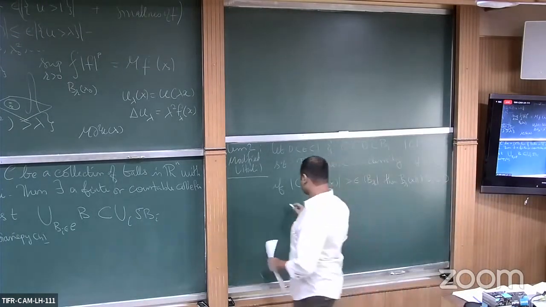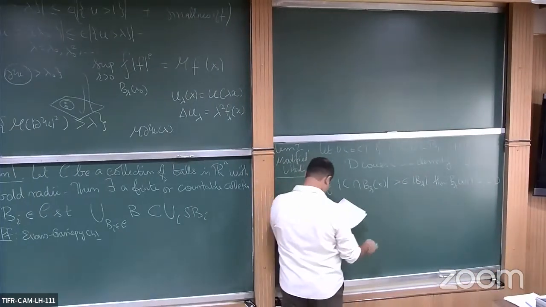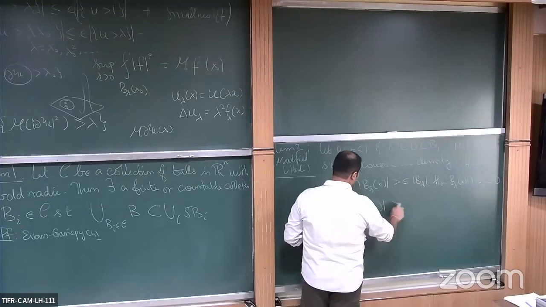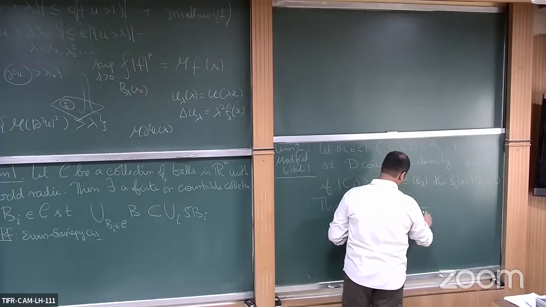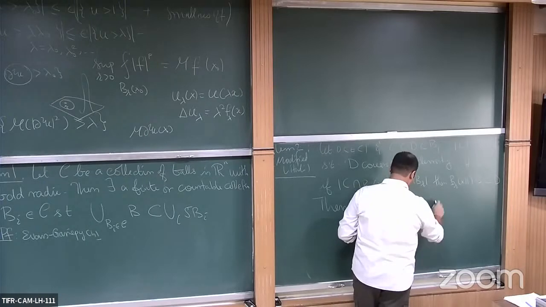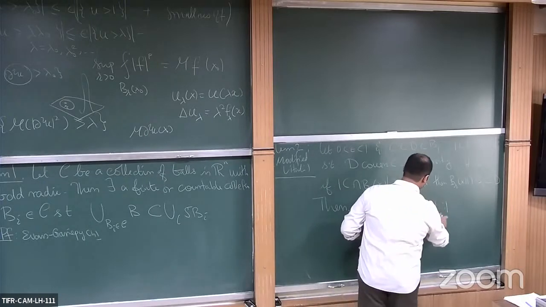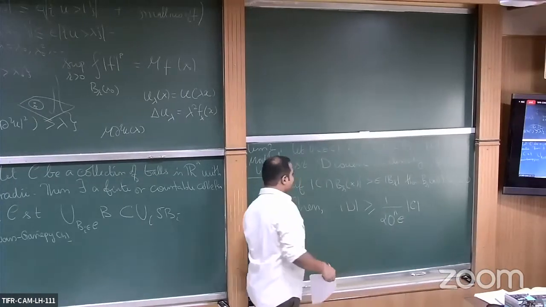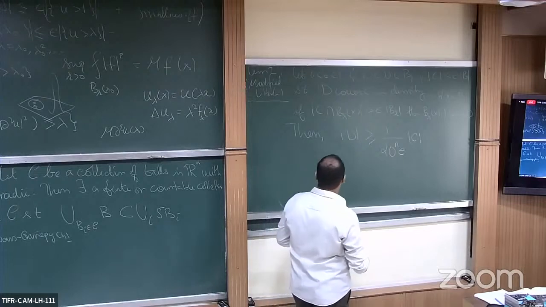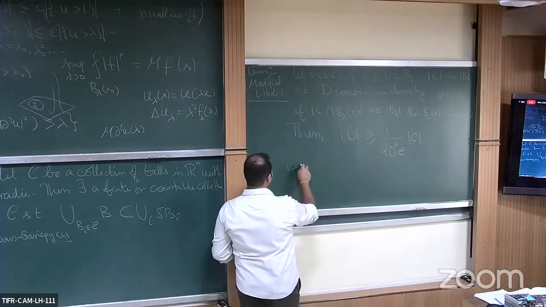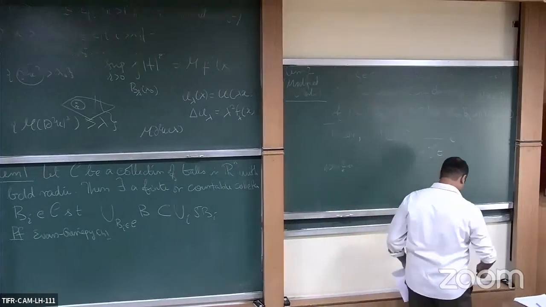Then the conclusion is that the measure of E is like 1 over 20 to the power of the dimension, times epsilon times B. So this is the modified Vitali. What ideally we would want is something like the measure of B equal to epsilon times C and things like that, but we don't have this. But this is good enough.